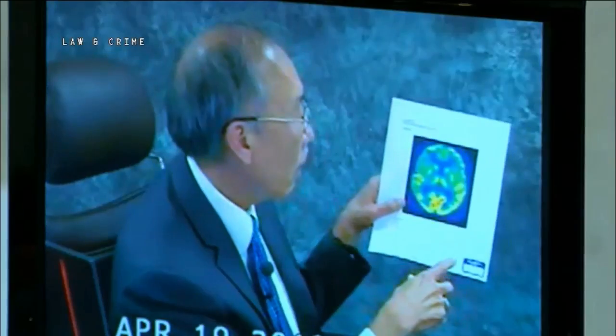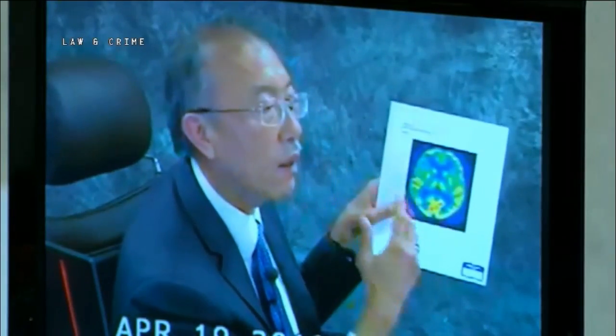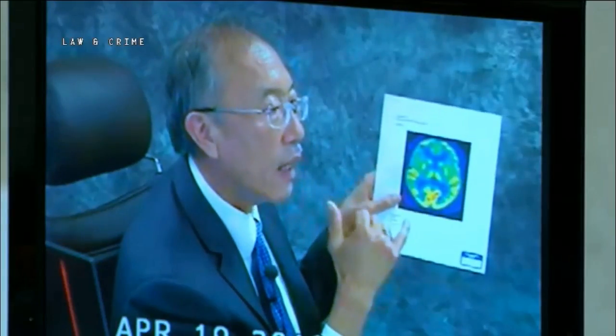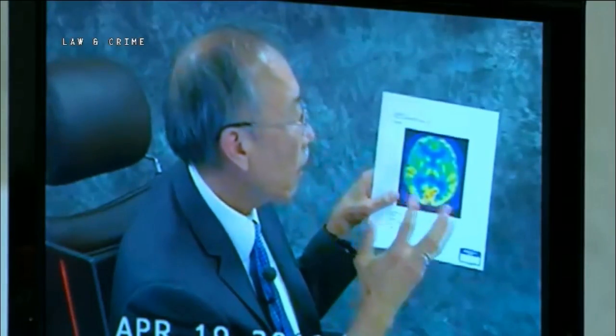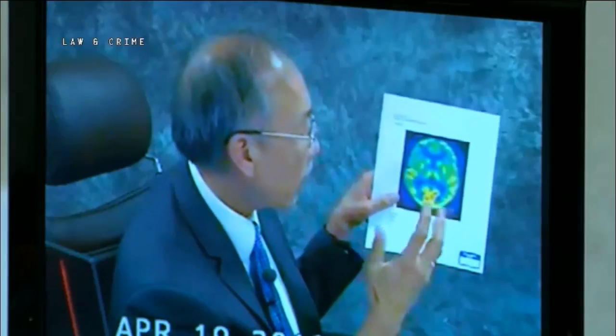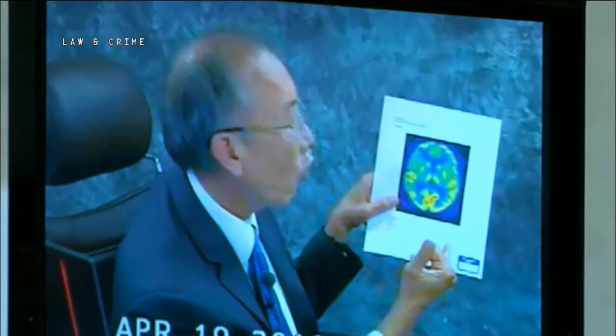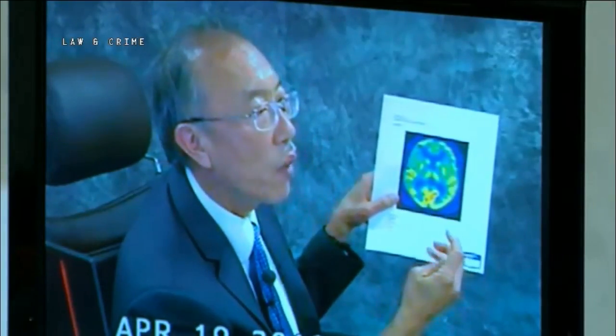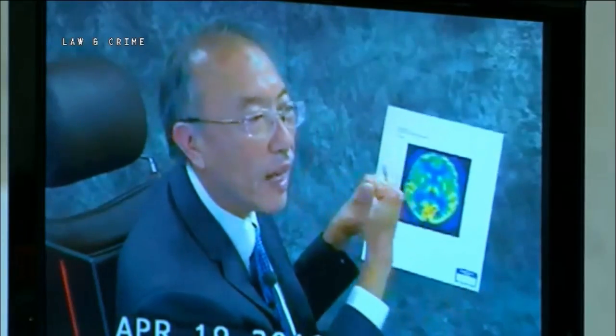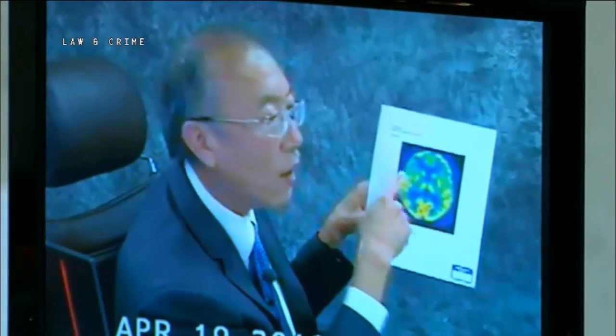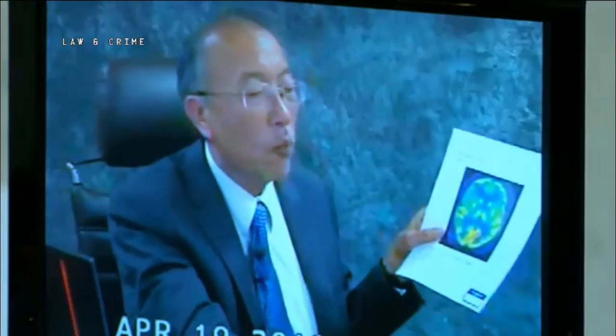In this case it's 4.8 times 10 to the minus 8. 10 to the minus 6 would be a million, and 10 to the minus 8 would be 100 million. So 4.8 out of 100 million people would have an abnormally low value this low. And I did that with multiple other areas.